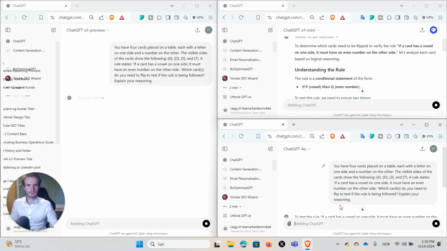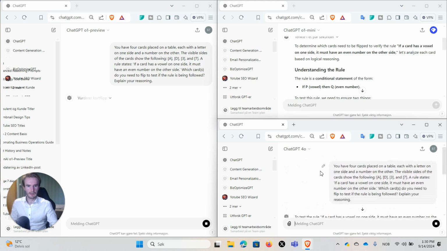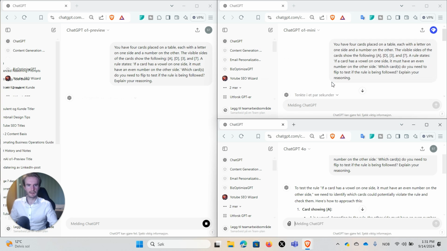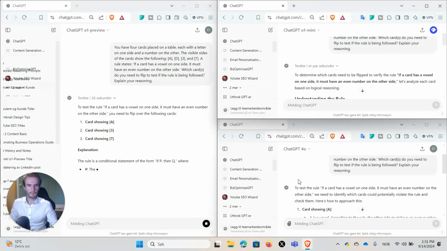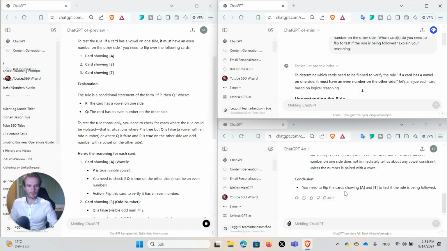Here we see immediate results in o1-mini and 4o, whereas o1-preview uses much more time to provide an answer. We can see it's analyzing here.